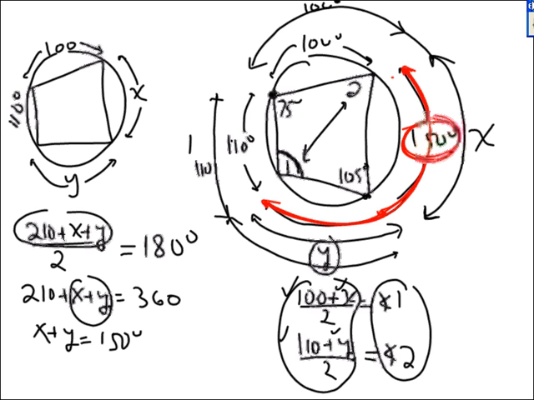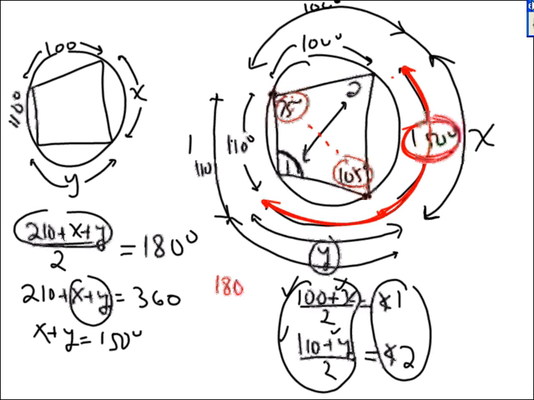Now, I know the four angles inside add up to 360, because if I cut it in half, I get two triangles. The four angles add up to 360. These two angles add up to 180. What do you add to 180 to get to 360? 180.